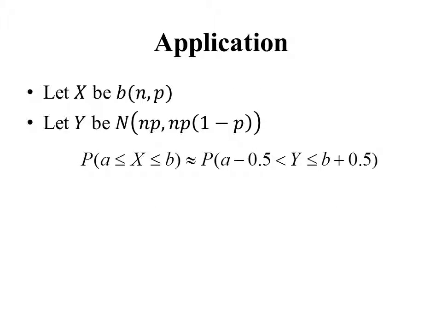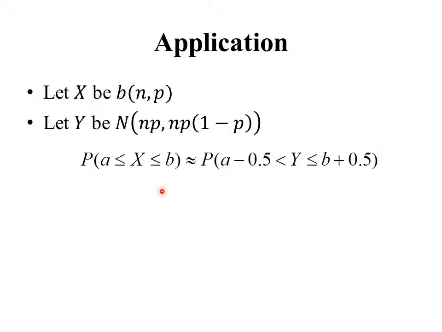Okay. So as an application of this idea, let's take a random variable X that's binomially distributed with parameters n and p, and let Y be a normally distributed random variable with mean np and variance np times (1 minus p).